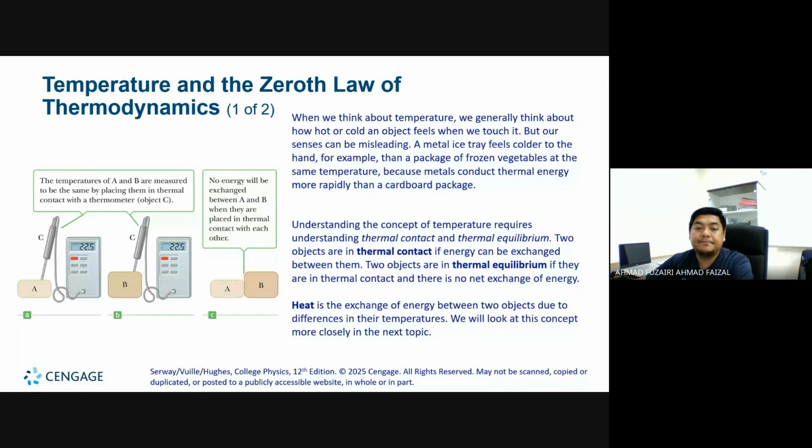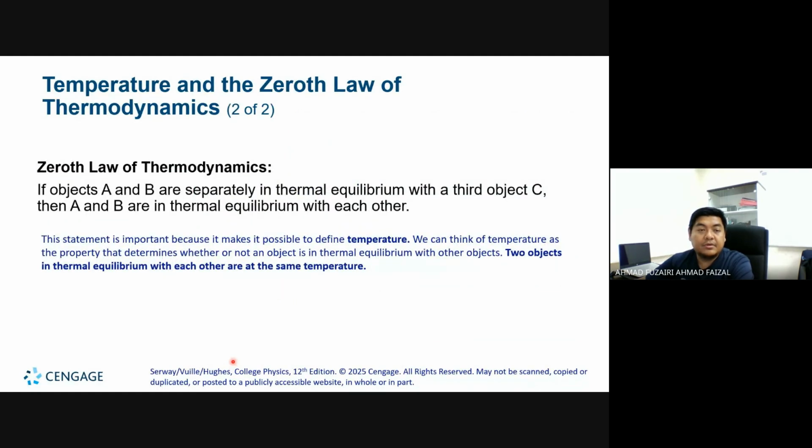So the zeroth law of thermodynamics, also known as the law of equilibrium: if object A and B are separately in thermal equilibrium with a third object C, then object A and object B are in thermal equilibrium with each other. This statement is important because it makes it possible to define temperature. We can think of temperature as the property that determines whether or not an object is in thermal equilibrium with other objects.